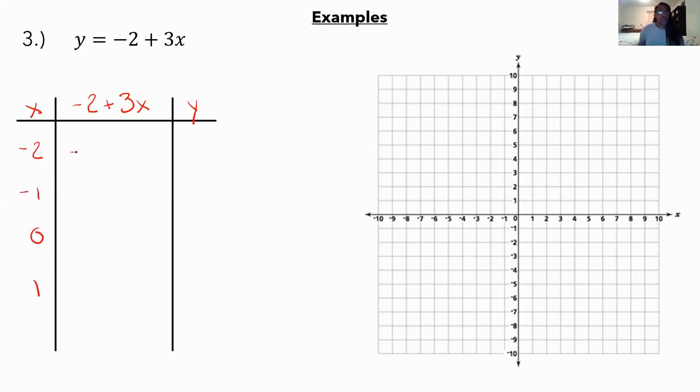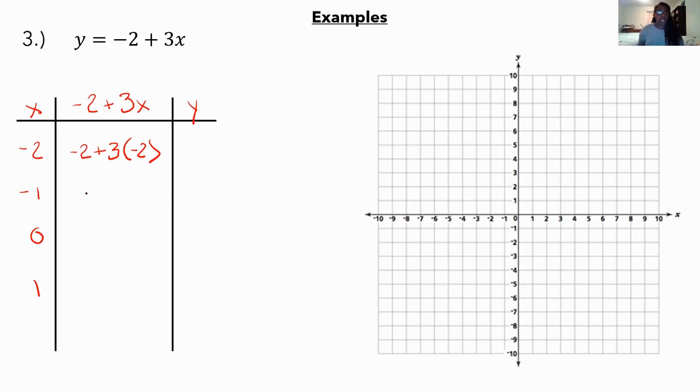Notice the x is more towards the end than the beginning, but that 3 is still my leading coefficient. Even though things are rearranged, whatever is next to my x is my leading coefficient.